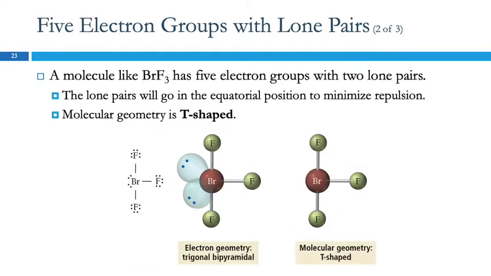Well, if we have 5 electron groups with 2 lone pairs, that would be something like this, bromine trifluoride. We have 2 lone pairs. Those lone pairs have to go along the equatorial part so that they have the most space. So we get the trigonal bipyramid electron geometry.